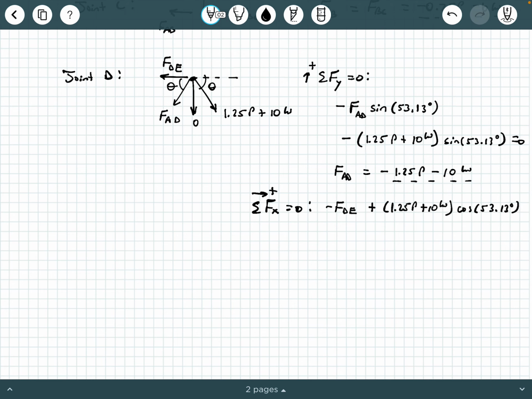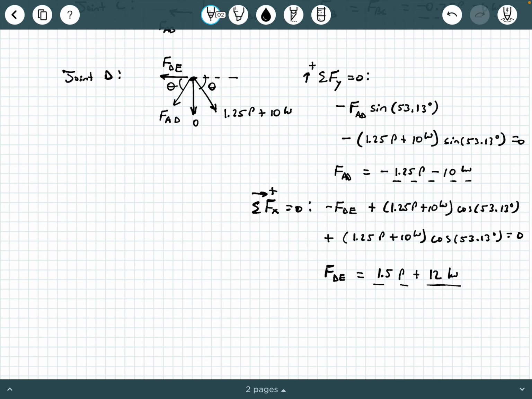I'm going to wrap this equation around here and say plus the quantity 1.25 P plus 10 kilonewtons also times the cosine of 53.13 degrees equals 0. And I do a little bit of algebra, rearrange, and say FDE equals 1.5 P plus 12 kilonewtons.